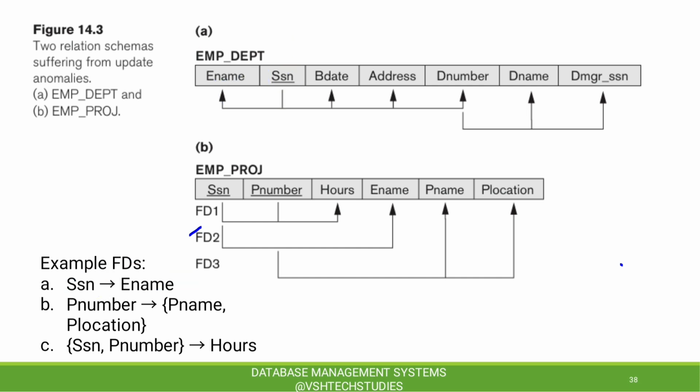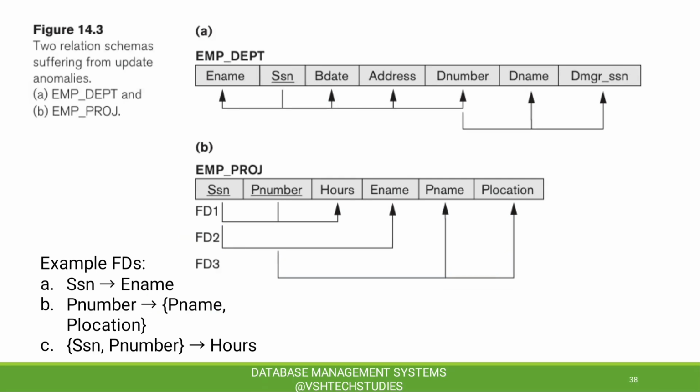Next, if you observe functional dependency 2, from the P number attribute an arrow line is moving to P name and P location. So the value of P number determines the value of P name and P location. That is the meaning of this functional dependency 2.